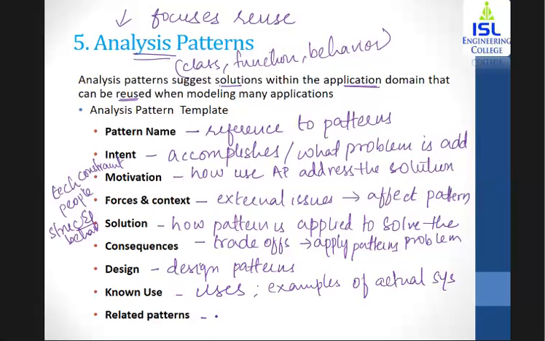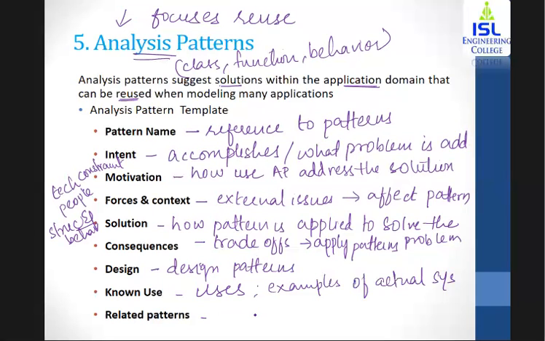The next is related patterns. Related patterns means what are the similar patterns that you are going to use. Whenever you make use of some specific components or some specific patterns, you're not going to have only one example of it. You are going to have different related patterns that solve similar types of problems. Like the syllabus has reference textbooks that you can access: the first textbook, second and third.